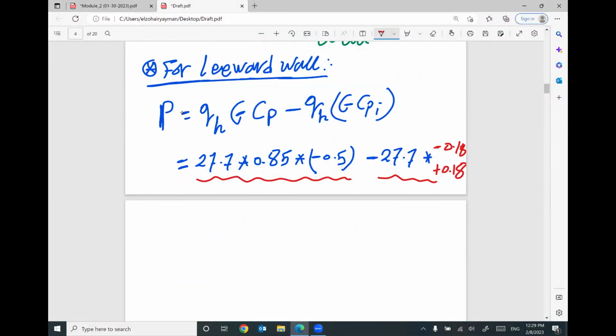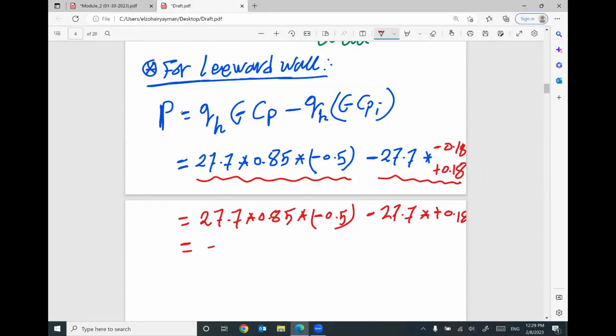If the other term is negative, we will add them together and the final value will be negative. So I'm going to use negative 27.7. I'm going to use the positive value. In this case, I will get a negative value, but the biggest value.